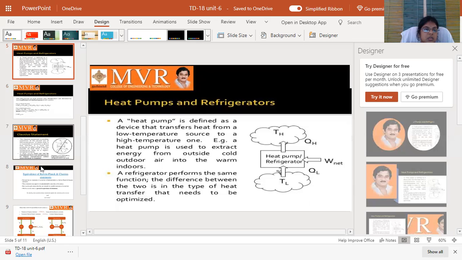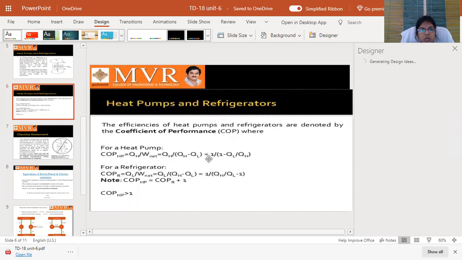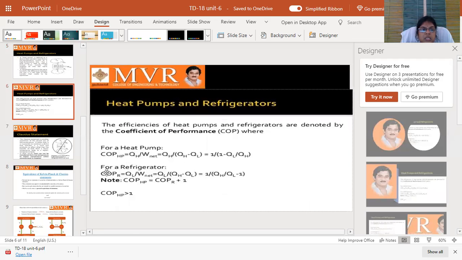So COP is desired effect to work done net. Here for the heat pump, the desired effect is QH directly given. So the coefficient of performance is defined as the ratio of desired effect to work done net.